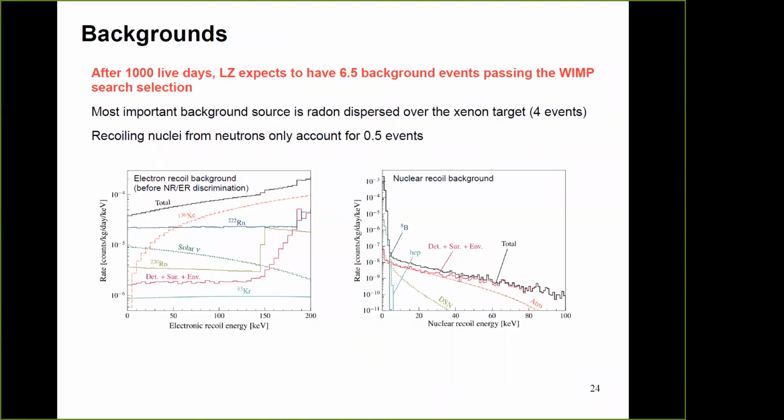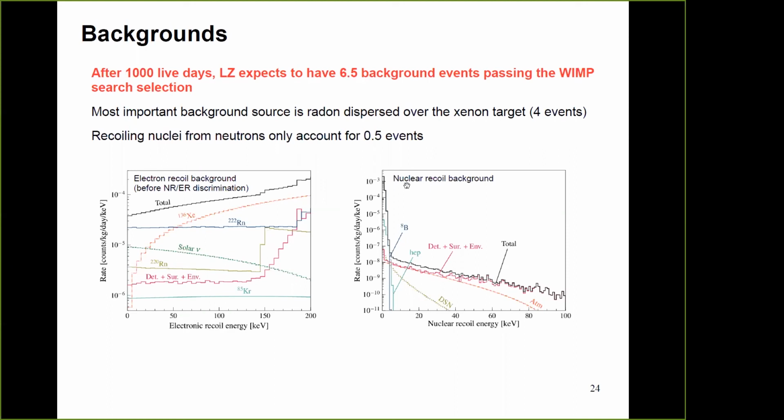The background that we expect to have is shown here. We expect to have a total of 6.5 background events passing the WIMP search selection. The spectrum shown here on the left is that from the electron recoils, and on the right from nuclear recoils.